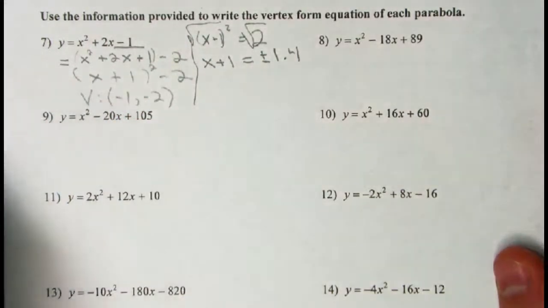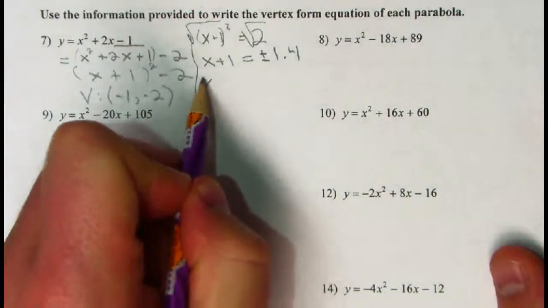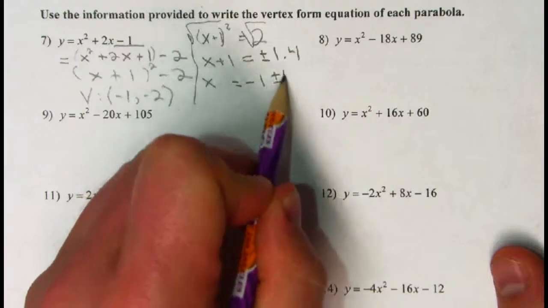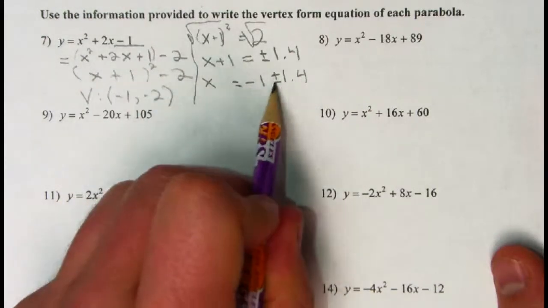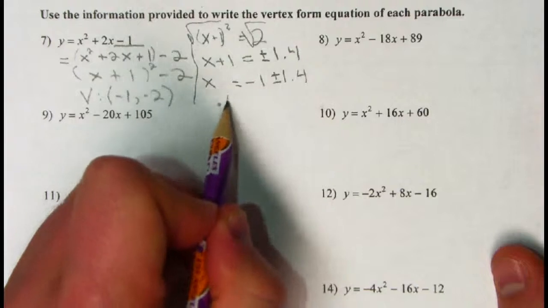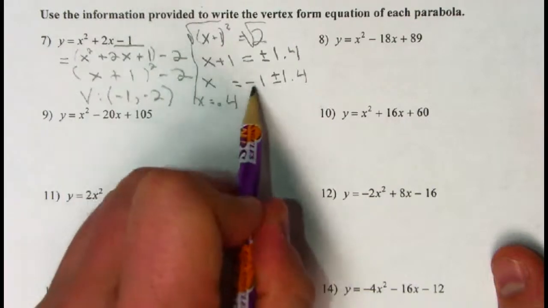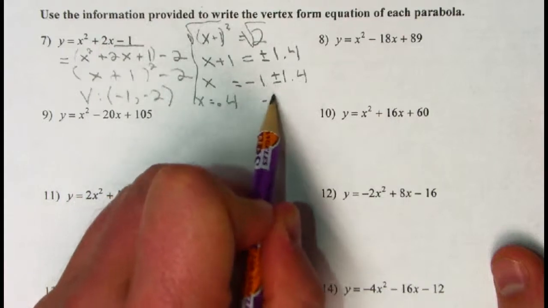Square root of 2, put in your calculator, about 1.4. Okay, subtract 1 on both sides, we'll get -1 plus or minus 1.4. So -1 plus 1.4 is about 0.4. And then we have -1 minus 1.4, which would be -2.4.